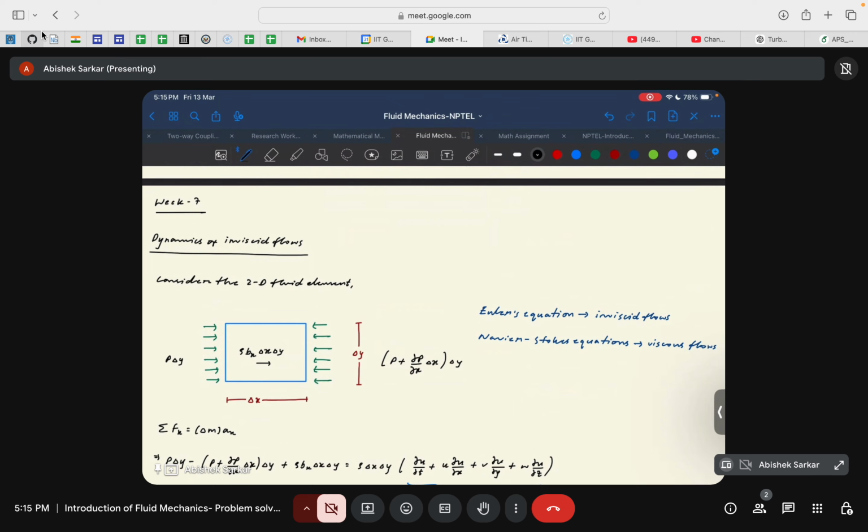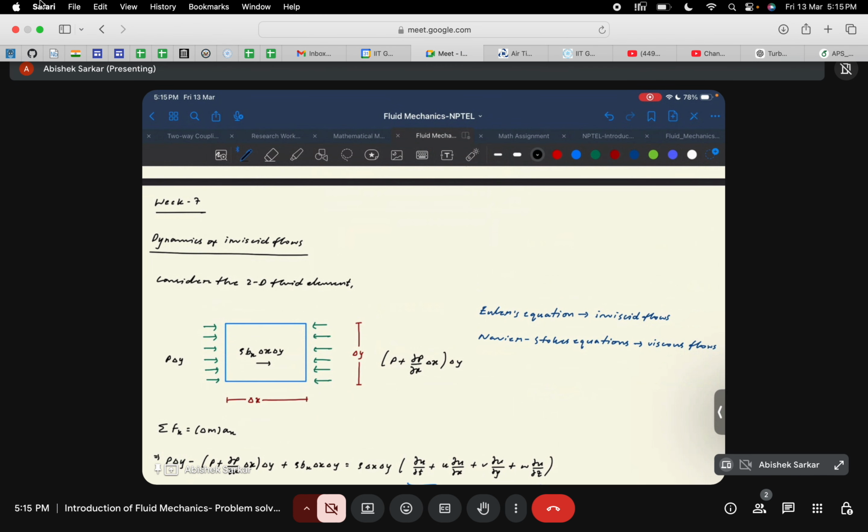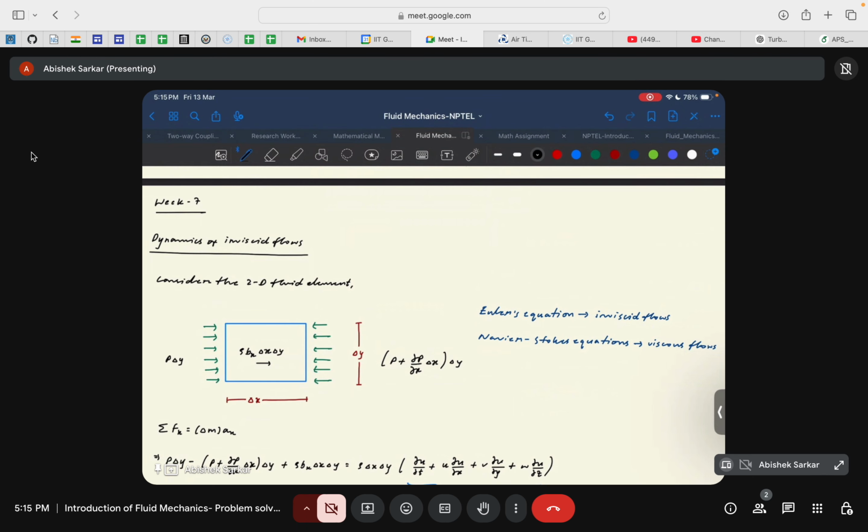Up till week 6, we have discussed fluid statics and fluid kinematics, and I think by now all of the students are well versed with the fundamental concepts of fluid mechanics as well as the approaches used to solve fluid mechanics problems.